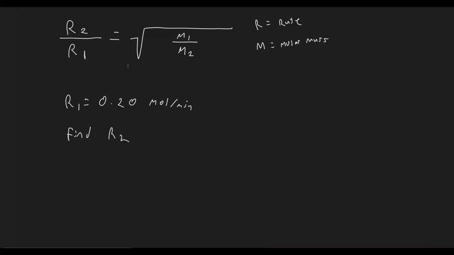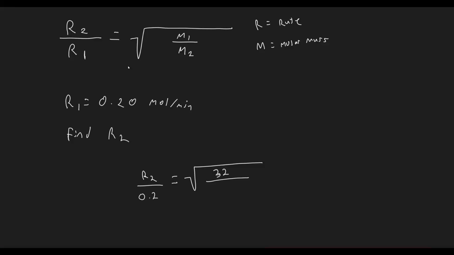So in order to solve an equation like this, these equations are incredibly simple. You literally just plug in the values you're given and solve. So we have R1, so we would say 0.2 divided by, and R2 is going to go on top, is equivalent to, well, the molar mass of oxygen, or O2, is going to be 32.